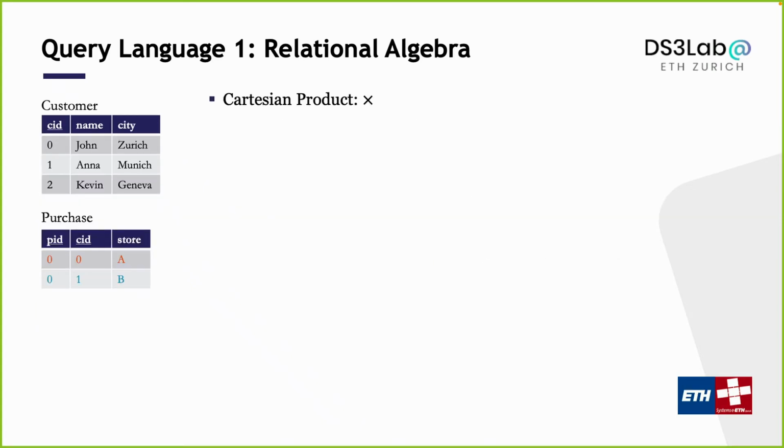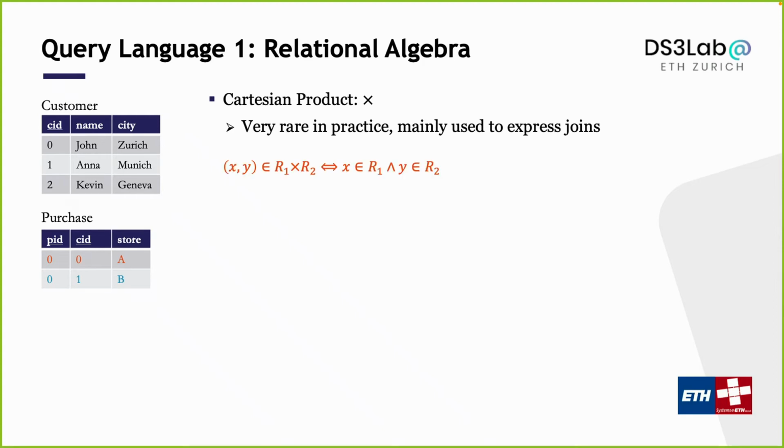And you can do cross product between 2 different relations. So essentially, you don't often see this in practice, but as you are going to see, it's going to be very useful, at least from the theory perspective, to express what join really is. So you have 2 relations, R1 and R2.